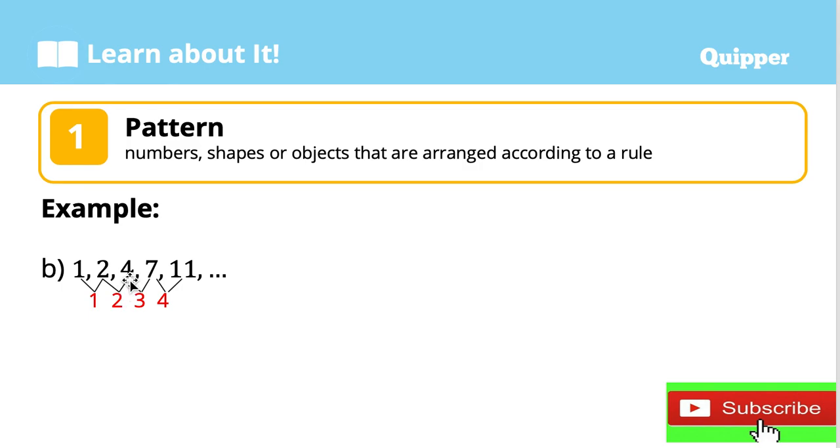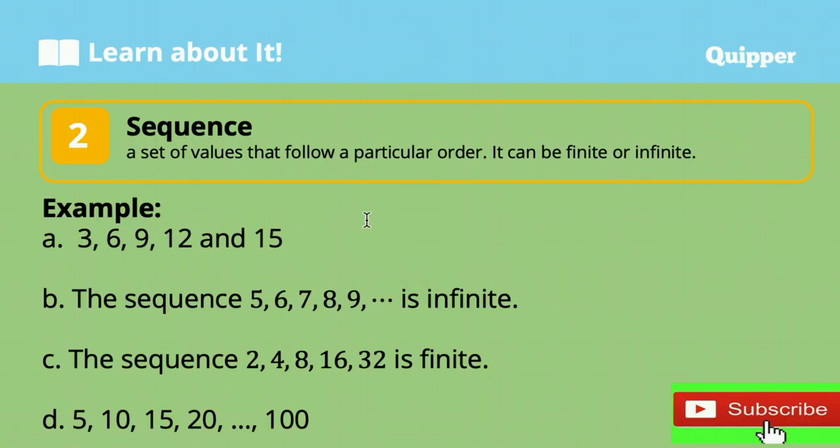And from 4 to 7, the gap is 3. And from 7 to 11, the gap is 4. Now, as we observe here in the red color, there is really a pattern for this set of numbers. Then we can say that this is an example of a pattern.